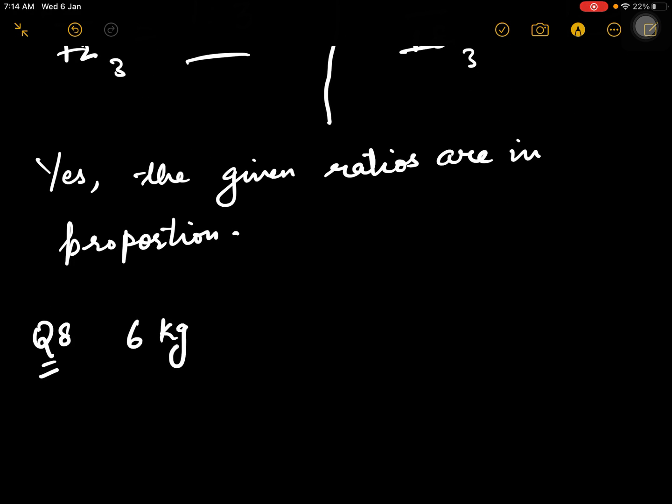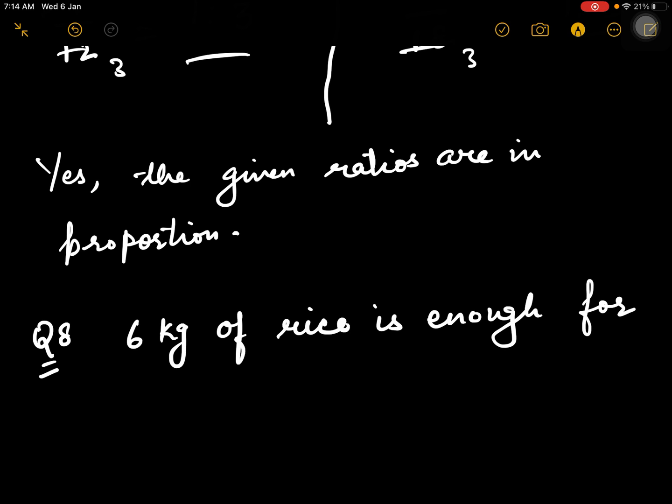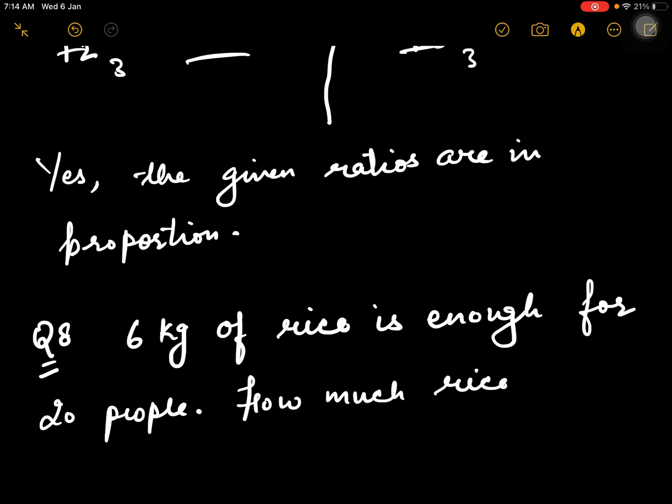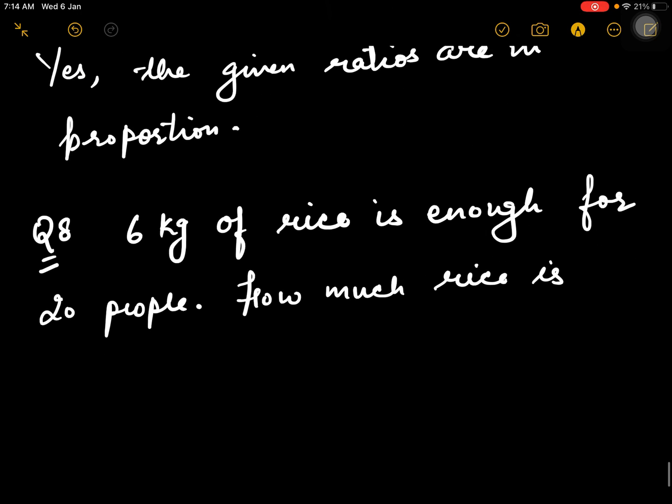Question number 8. 6 kg of rice is enough for 20 people. How much rice is required for 50 people?